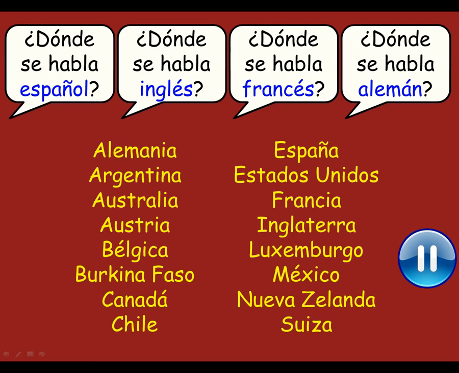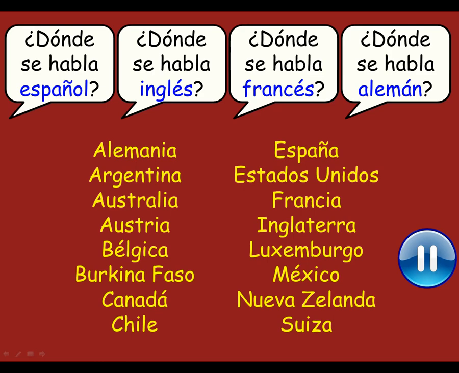Which language is that one? That's right. Where is Spanish spoken? The second one, ¿Dónde se habla inglés? That's right. Where is English spoken? The third one, ¿Dónde se habla francés? Where is French spoken? And the fourth one, ¿Dónde se habla alemán? That's right. Where is German spoken?